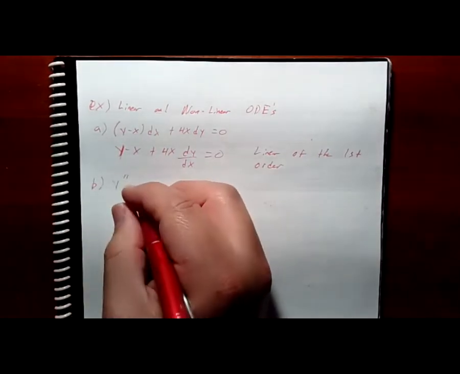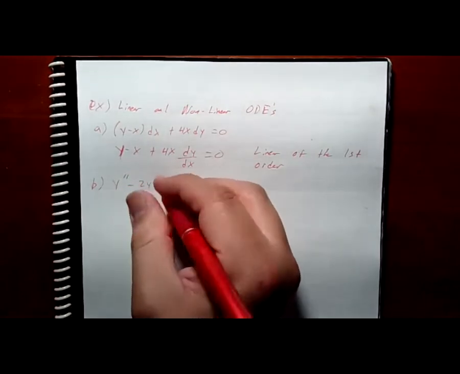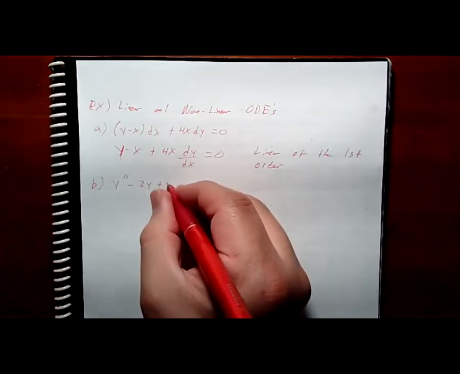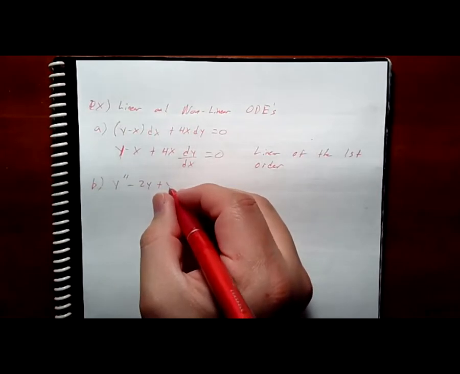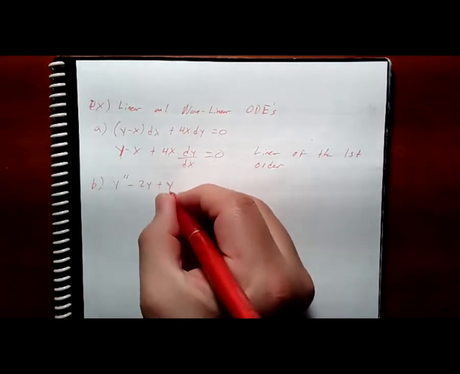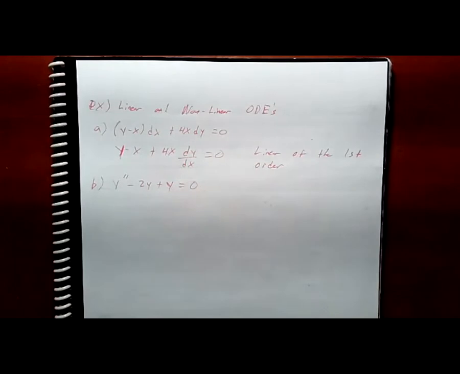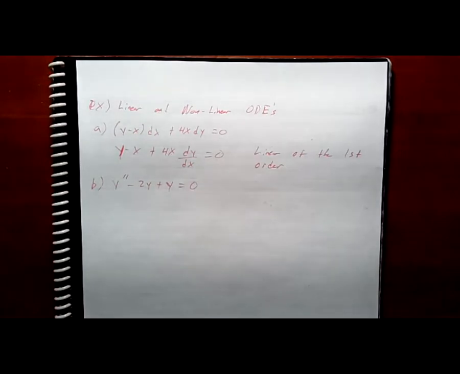Next one, y double prime minus 2y prime plus y equals 0. Is this linear? And what is the order?